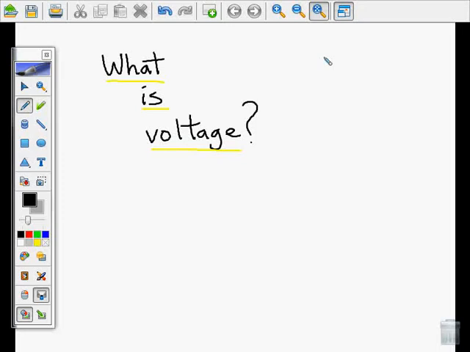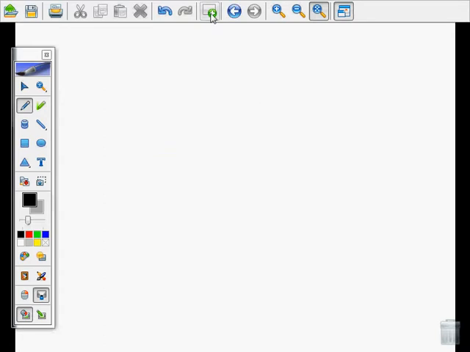What is voltage? Well, I like to compare this to something we already learned about, yes? Okay, I want to compare this to gravitational potential energy. So, a little blast from the past.